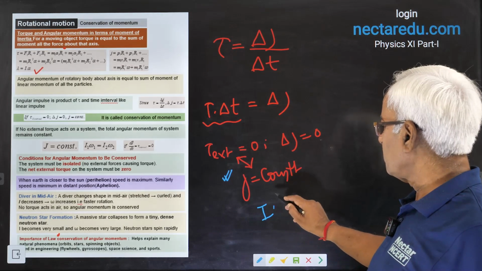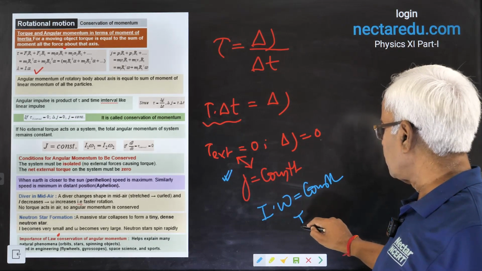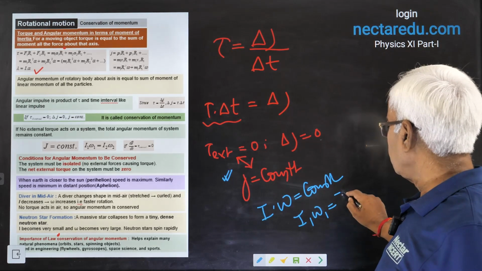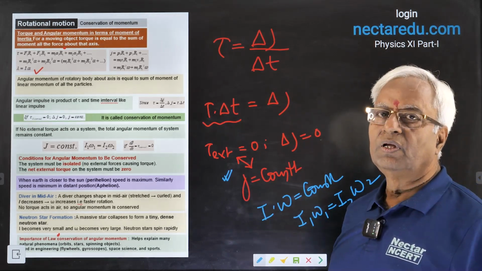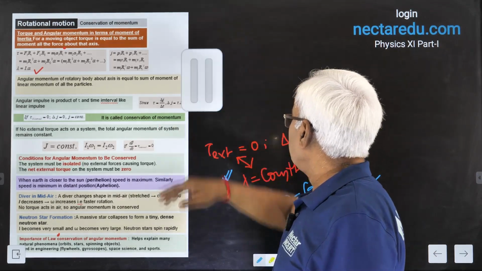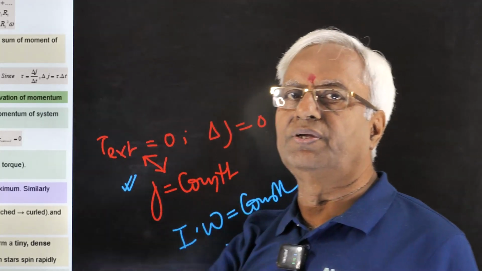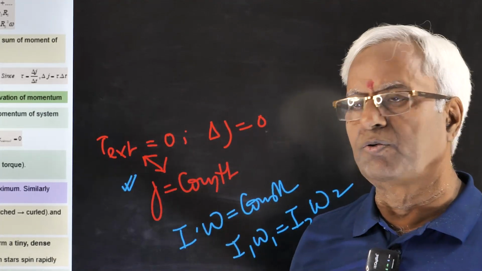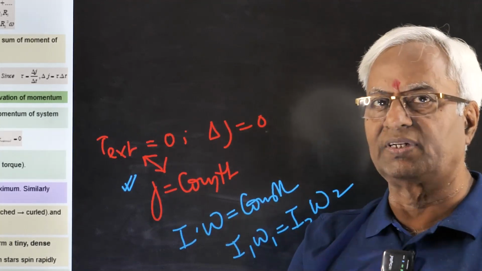Since J is equal to I omega, this will be constant. You might say I1 omega 1 is equal to I2 omega 2. On this basis, we conclude that when moment of inertia increases, omega will decrease, or vice versa. If you want to increase angular velocity, obviously you have to decrease the moment of inertia.